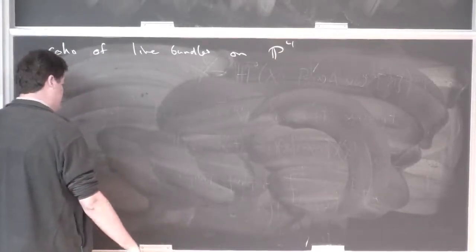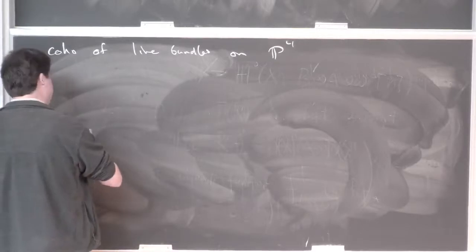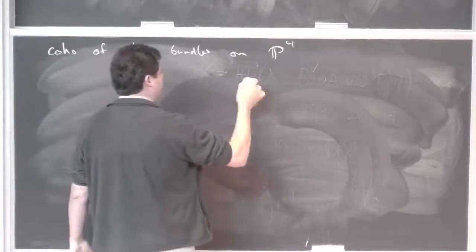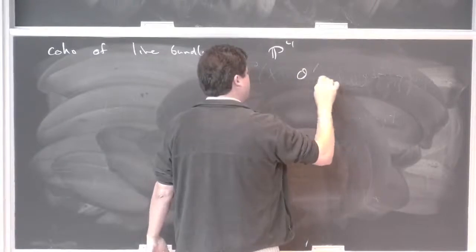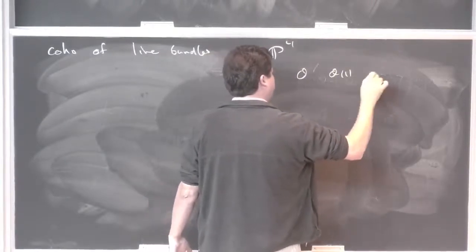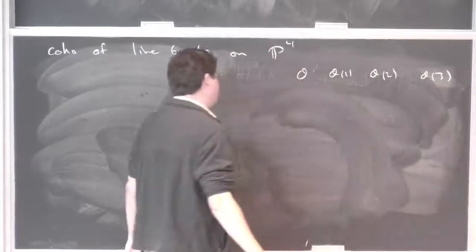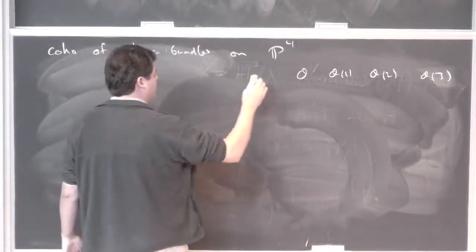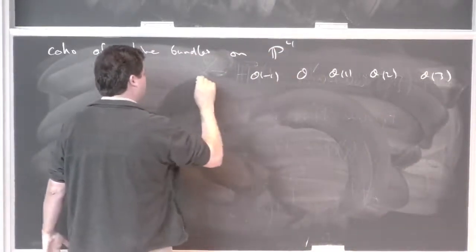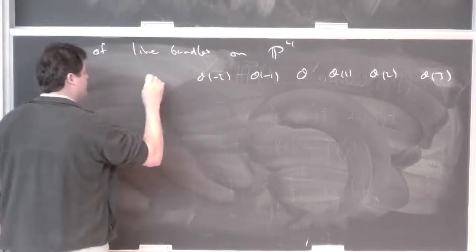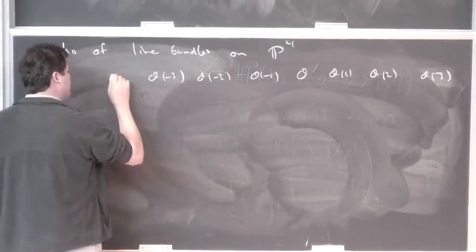And which ones do I need? I need, so here we have O(1), O(2). And I'm going to need quite a few negative ones. O(-1), O(-2). I'll just put this up for reference.